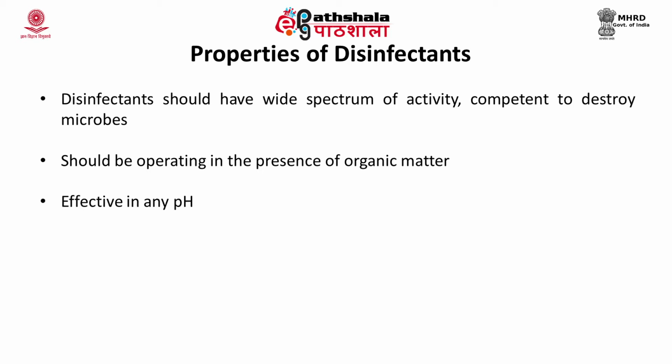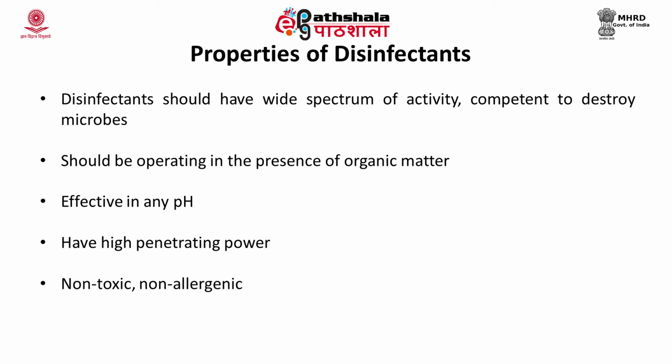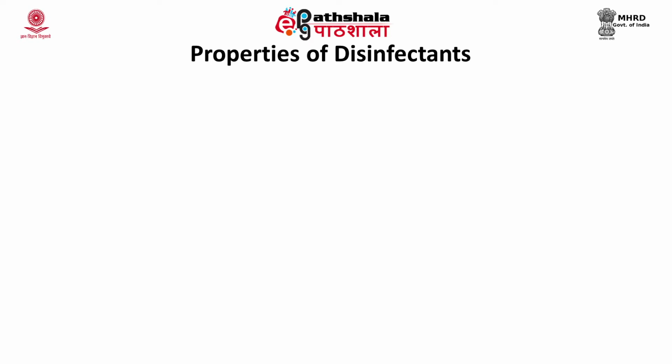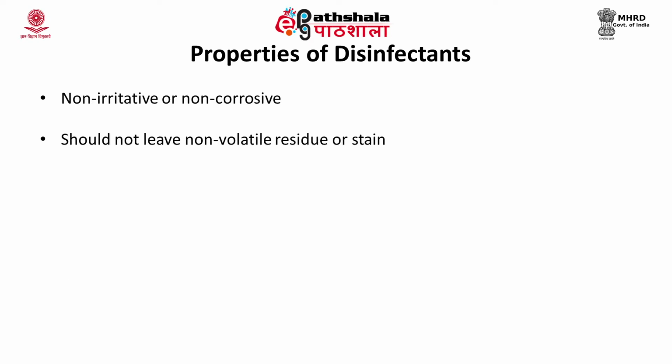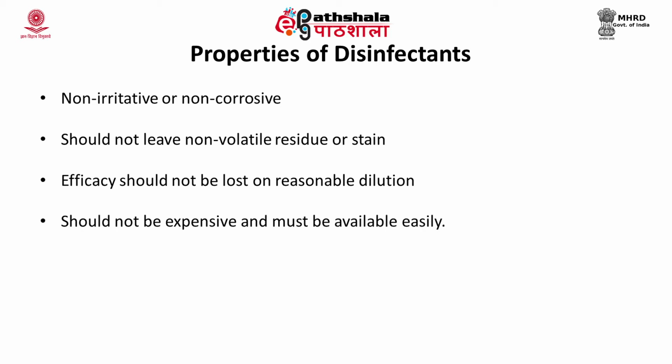They should be effective at any pH and should have high penetrating power. They should be non-toxic, non-allergenic, non-irritative, non-corrosive and should not leave any non-volatile residues or stain. Their efficacy should not be lost on reasonable dilution. And last but not least, they should not be expensive and must be easily available.